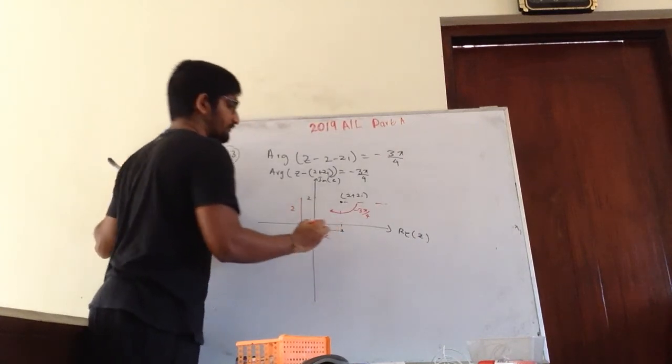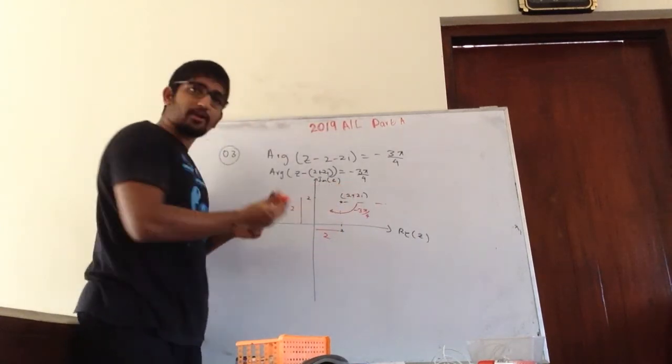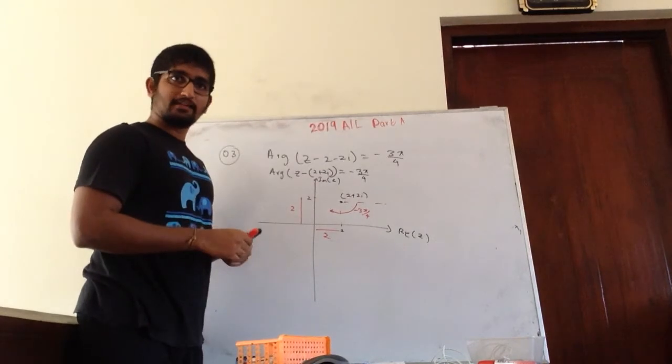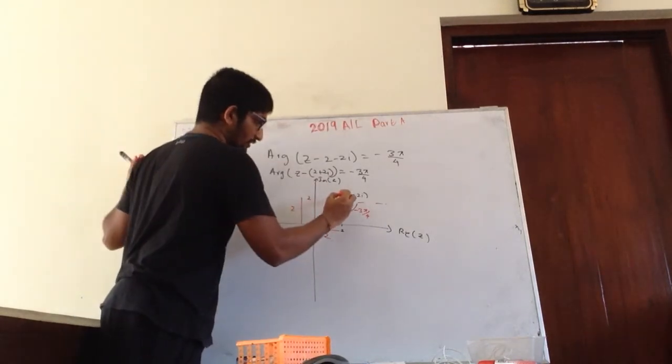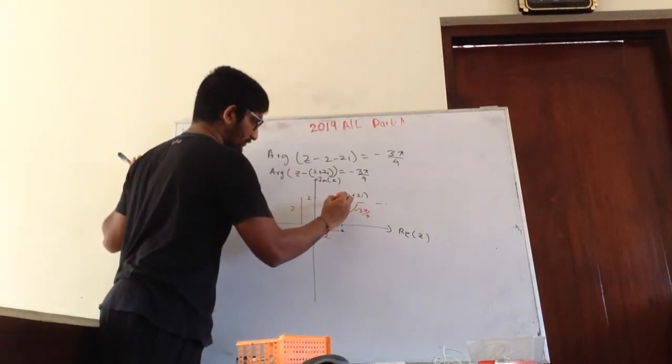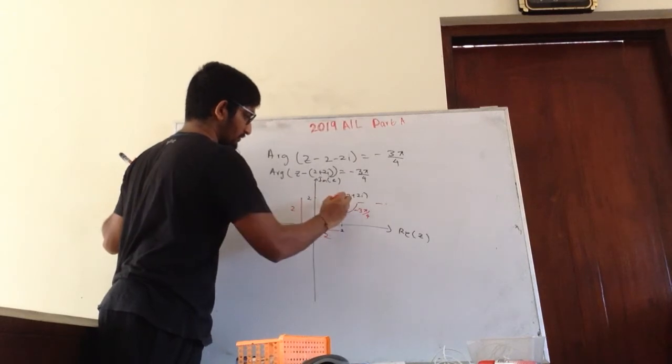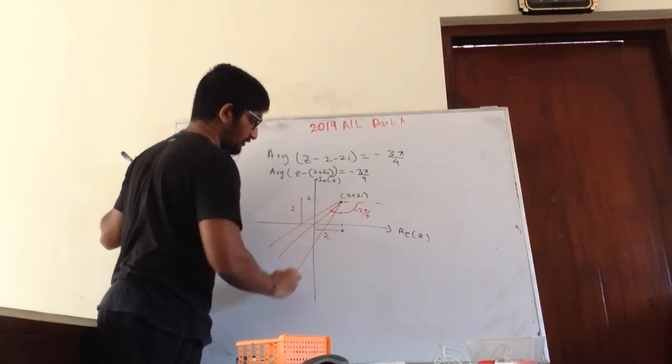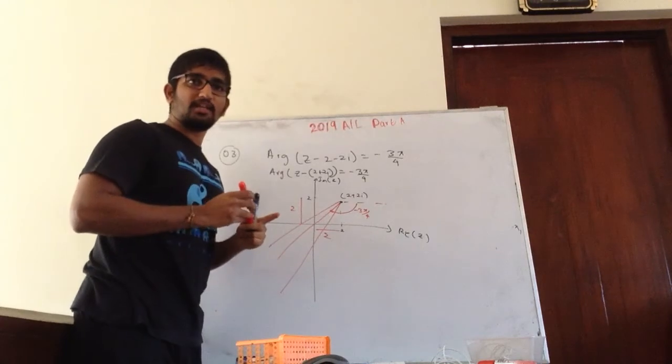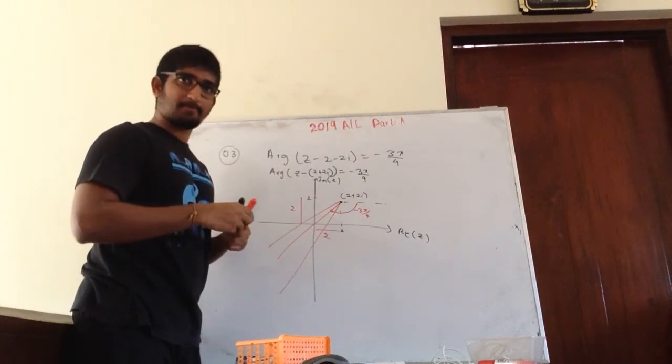Now what's important here is we have to see. This is also 2. This is 3 pi over 4. That means this can go like this, this can go like this, this can go like this. So now we have to see what is the correct one.